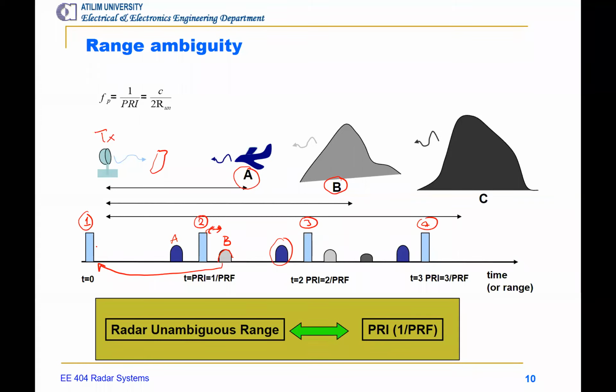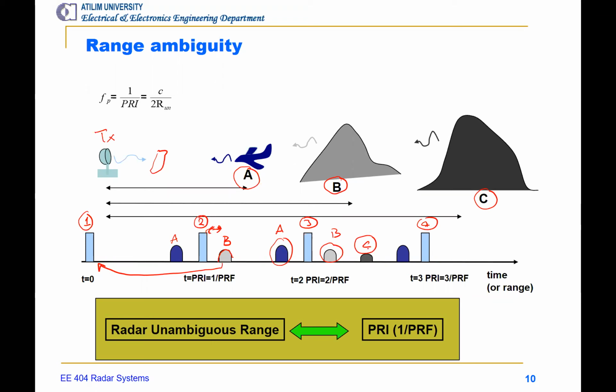So we can extend this. We can take C. Of course, I will get an echo signal due to pulse 2 from target A. And then when I transmit the third pulse, I will get another echo signal from B. And then here, another echo signal appears.